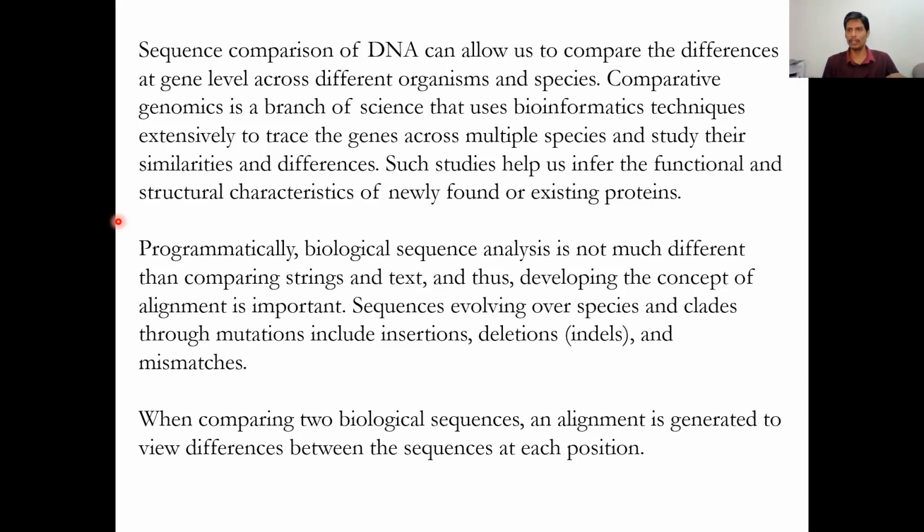Suddenly you find a new organism which looks similar to humans. You can align and compare with the existing information, and you can find whether it is nearer to the humans or nearer to the apes. That is just to give an example.